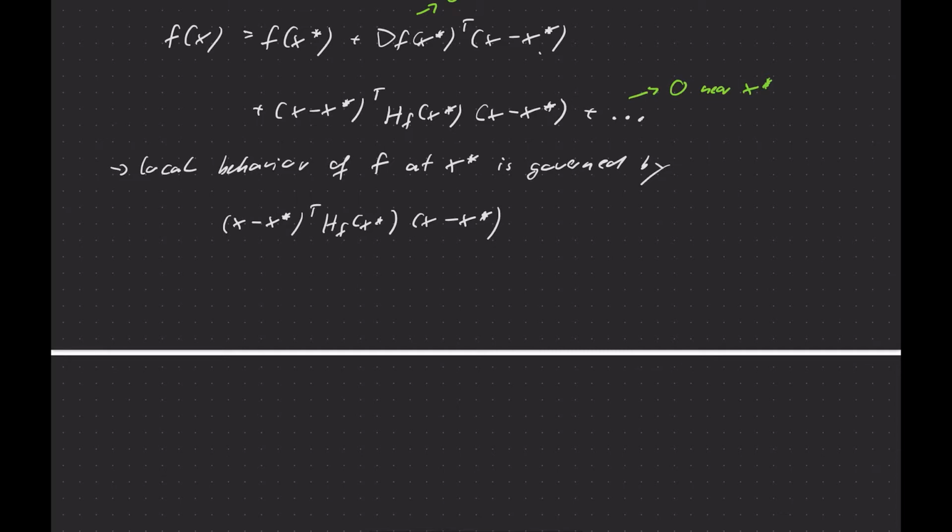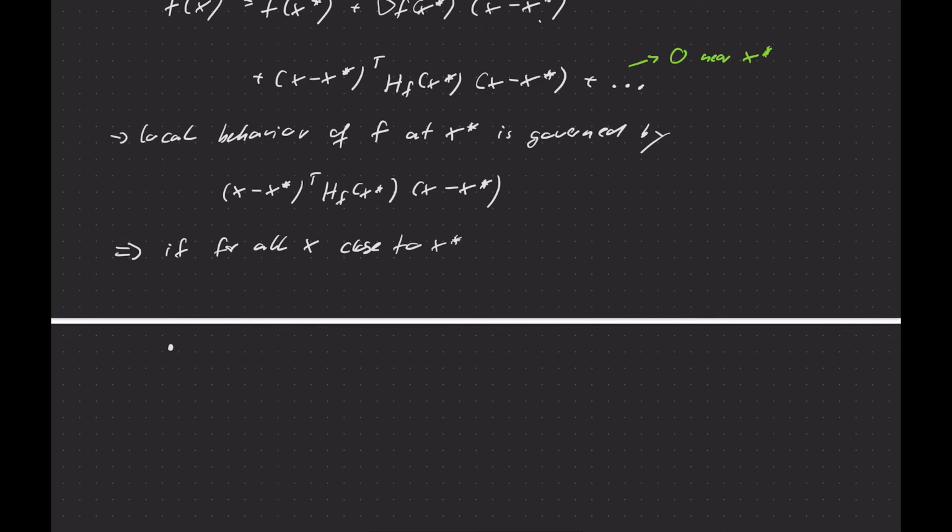Okay, so let's write that down. If for all x in a certain neighborhood, so let's just say close to x star, either of the following holds. If x minus x star transposed Hf of x star times x minus x star is greater or equal to 0, then x star needs to be a minimizer.